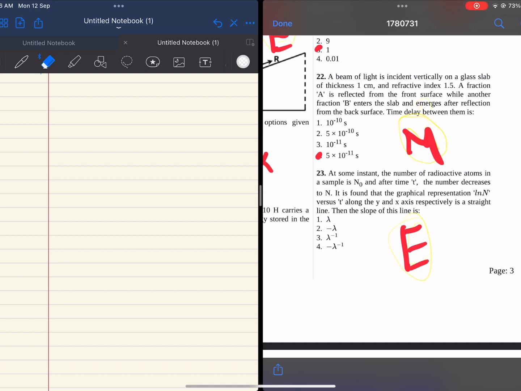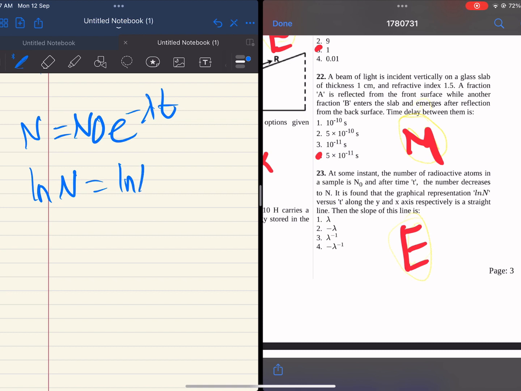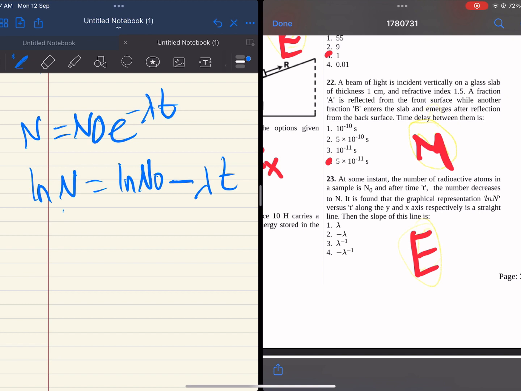Now, at some instant, the number of radioactive atoms in a sample is n naught. After time t, the number decreases to n. The graphical representation of n versus t is found along the y-axis and x-axis as a straight line. Then the slope of the line is, we know n is equal to n naught e power minus lambda t, where lambda is the decay constant.